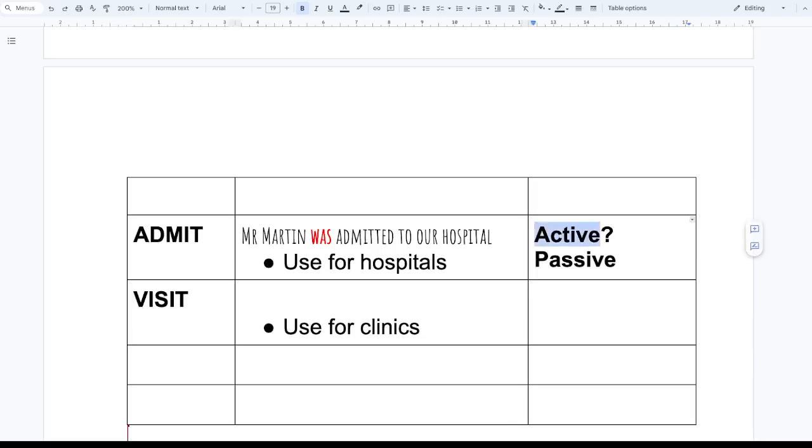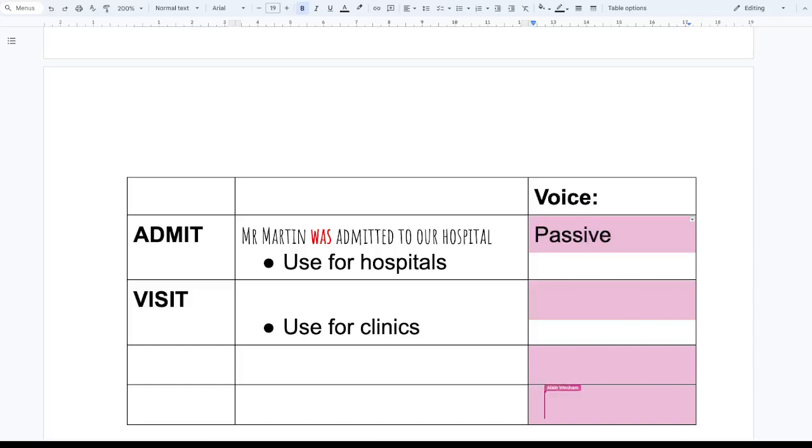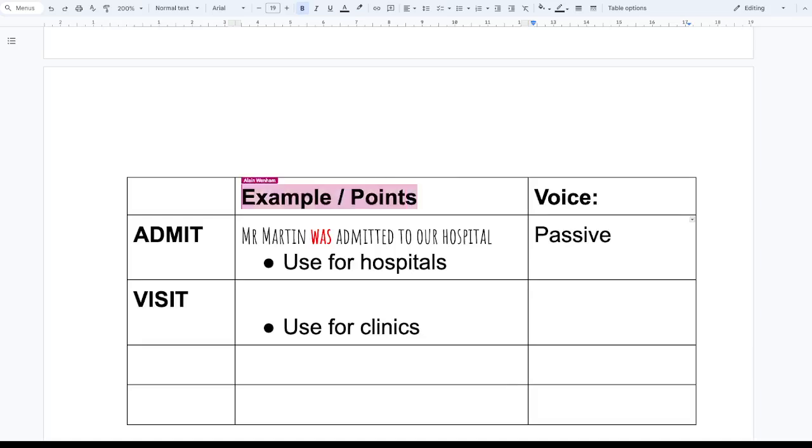Of course, it's passive. In this diagram I'm making, this is the voice, passive voice, active voice. And this is an example sentence. Also we'll put some points in here. And of course, here we're going to have the verbs themselves.